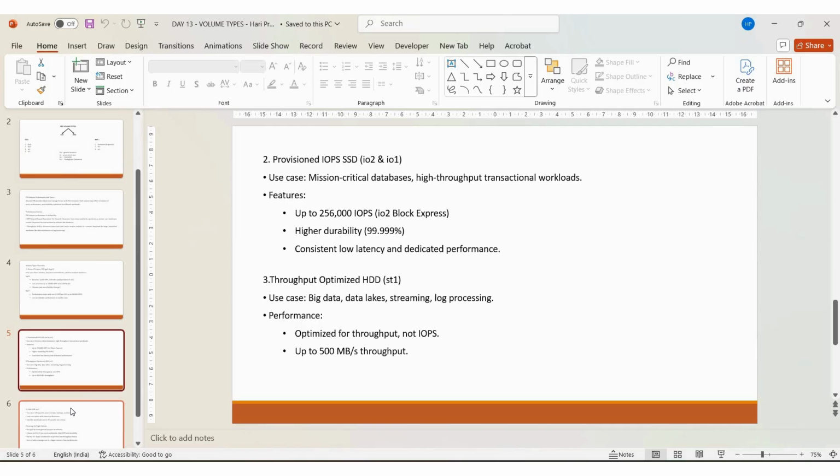Next, multi storage attachment. Multi storage attachment is guaranteed for IO2 and IO1. For example, we have a 30 GB root volume, and a permanent volume is also called EBS.